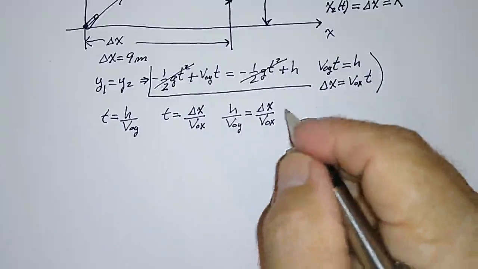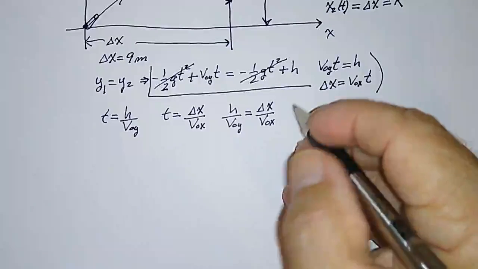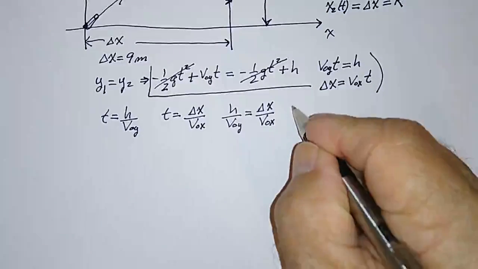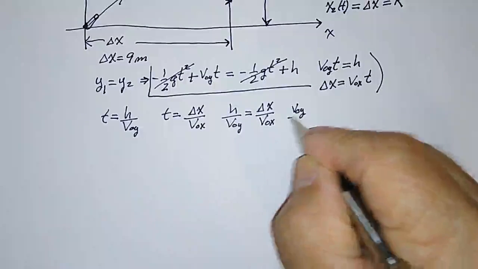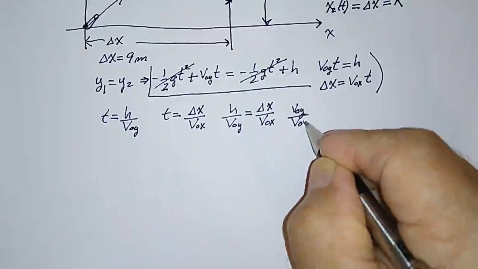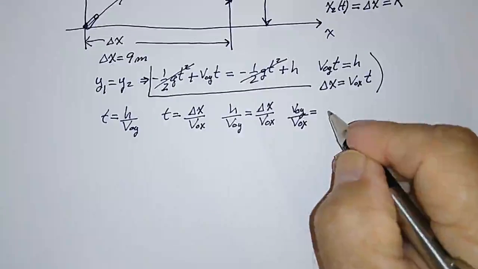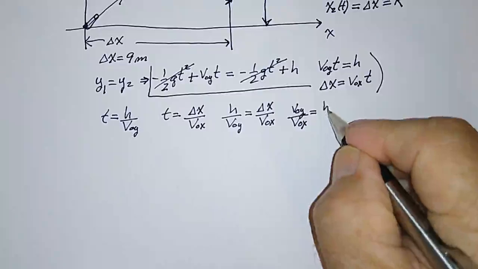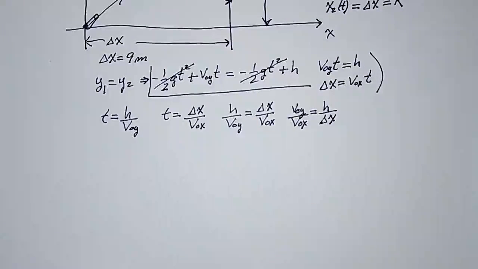Or I can also write that v naught y over v naught x is equal to h divided by delta x.